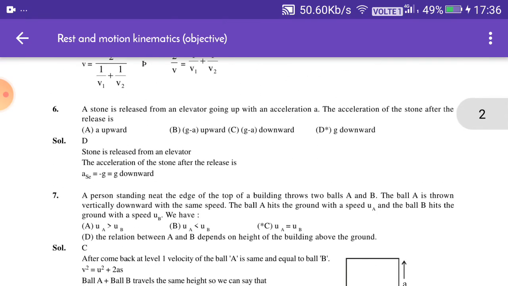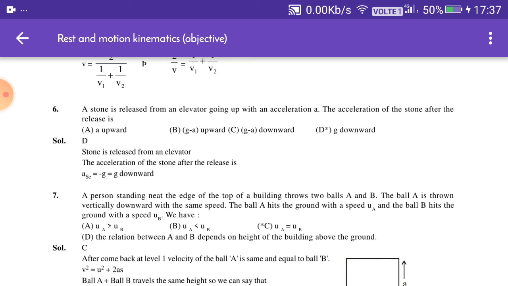A stone is released from the elevator going up with acceleration a. The acceleration of the stone after its release. What is the acceleration of the stone after it is released? It is g, downward. See, a stone is released from the elevator, matlab lift se hamne fek diya, going up with acceleration a.